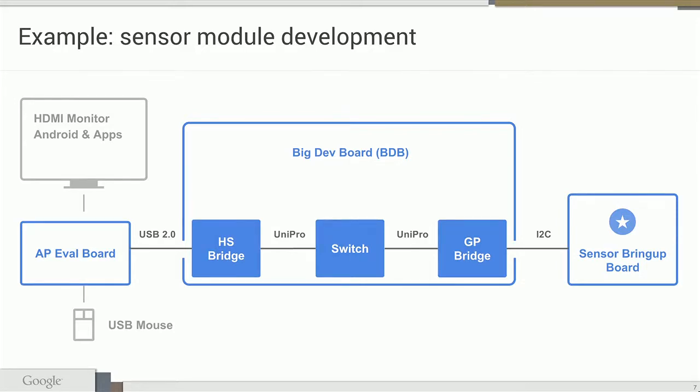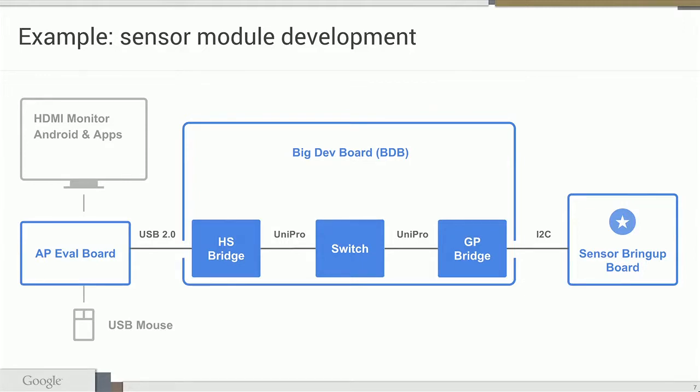Here we've jumpered the sensor, communicating over I2C, onto the connector on the big dev board, where the I2C is translated into Unipro packets and sent over the Unipro network. The Unipro packets go through the switch and get routed to the high-speed bridge.